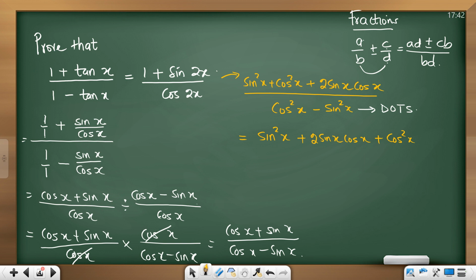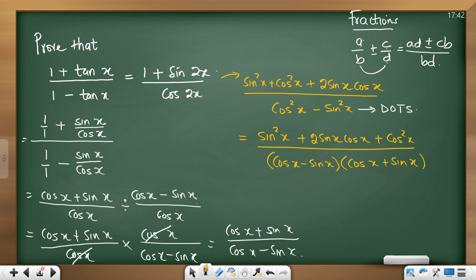I want you to keep it at the back of your mind. Over. Can we break that down? Difference of 2 squares. Cos x minus sine x. Cos x plus. Oh, I'm moving close to that other one. Are we okay?